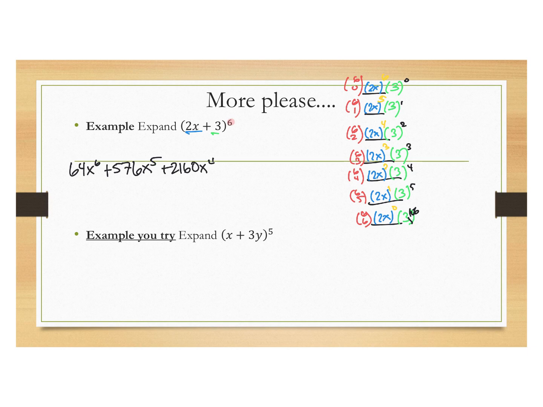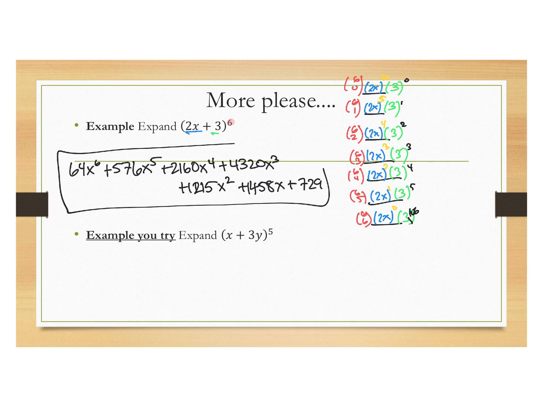If we look at the next one, 6 choose 3 times 2 cubed times 3 cubed, 4,320x cubed. 6 choose 4 times 2 squared times 3 to the 4th, 4,860x squared. 6 choose 5 times 2 to the 1st times 3 to the 5th, 1,458x. And then 6 choose 6 times 2x to the 0 power times 3 to the 6th is 729. And there is your final answer.